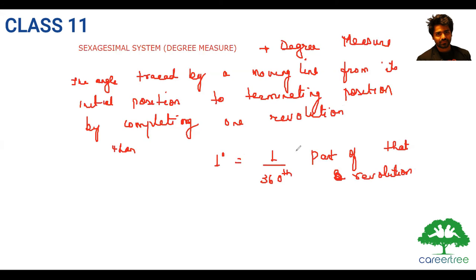What is the meaning of this? Let's try to understand. Say you have an initial ray, an initial side. You keep a pen in your notebook and rotate it a complete revolution. The ray will rotate and come back on top of where it started, but it will complete an entire revolution, correct?